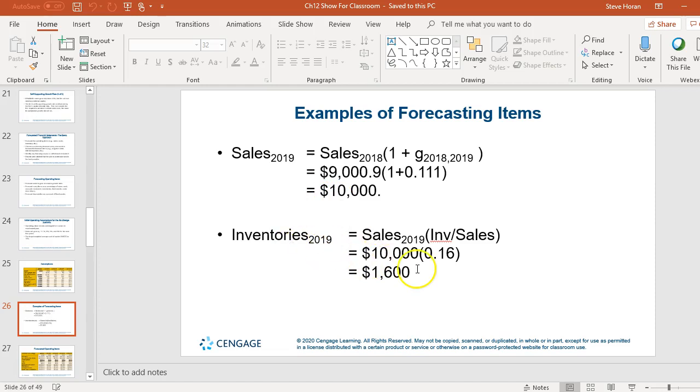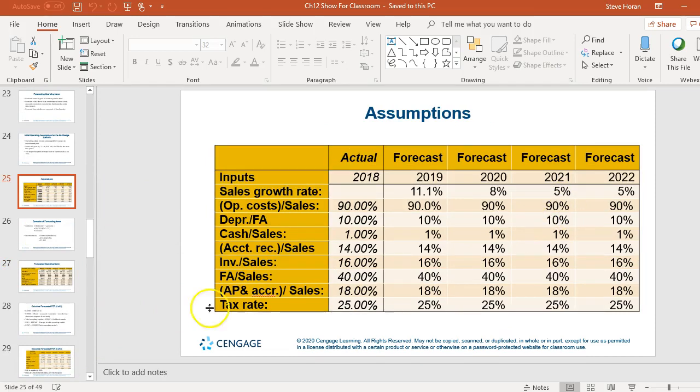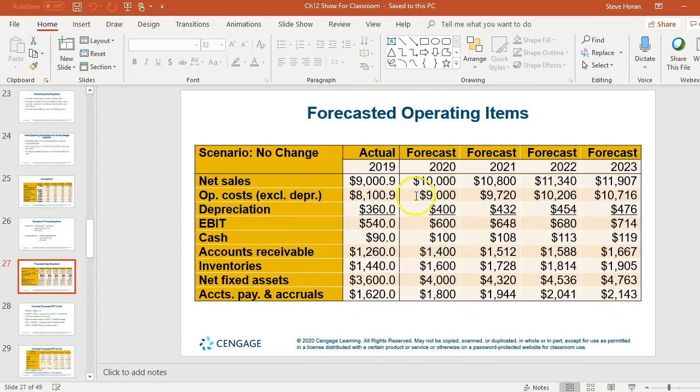My inventory then is 16% of sales. So it's 1,000,006. So that's just kind of the format that you take with doing this. So if you've got a good table built like this in Excel, you can easily then use those ratios to automatically build something like this for you, because we're just holding those ratios to be true or constant and going from there.